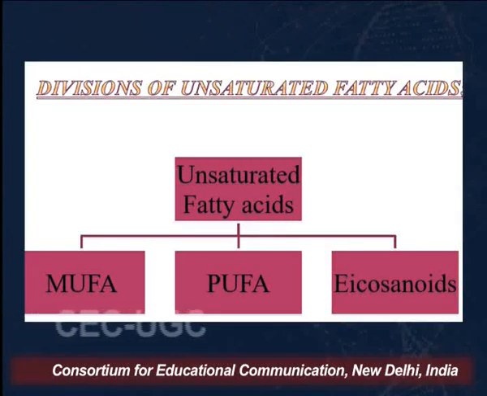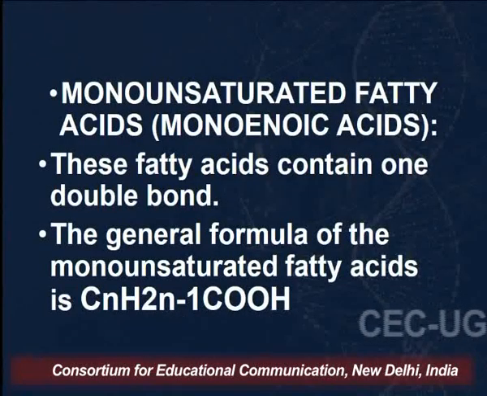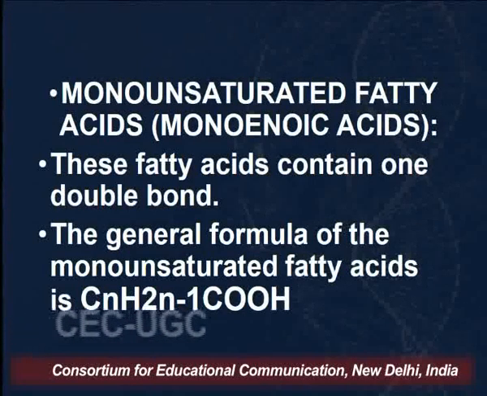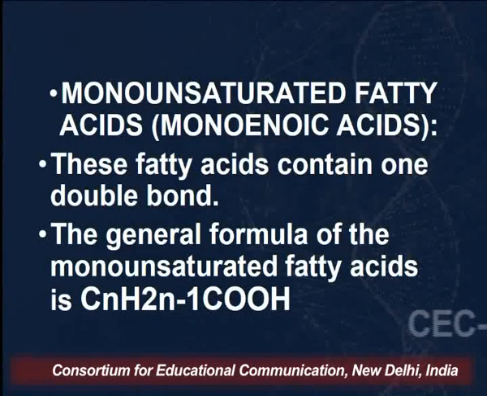So on the basis of the number of double bonds in a fatty acid, they can be classified into monounsaturated fatty acids, known as MUFA, or polyunsaturated fatty acids, known as PUFA or eicosanoids. Monounsaturated fatty acids, also referred to as monoenoic acids, contain one double bond, as I have just illustrated.